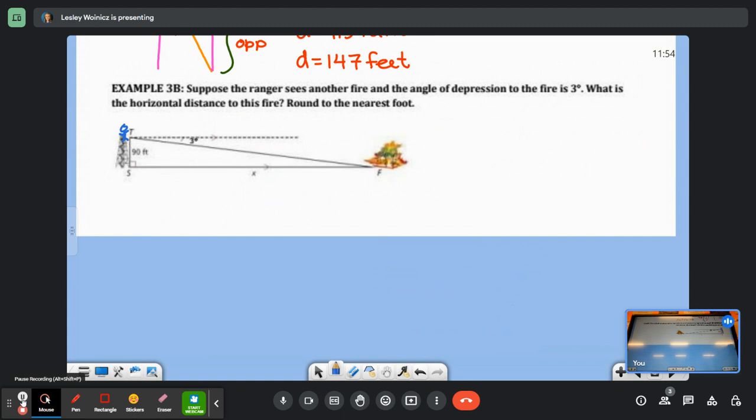Now, what do we know about these two parallel lines? Well, they're parallel. Okay, so what do we know about this angle and this angle? They're congruent because they're alternate interior angles. So if that one's 3 degrees, then so is this one 3 degrees.